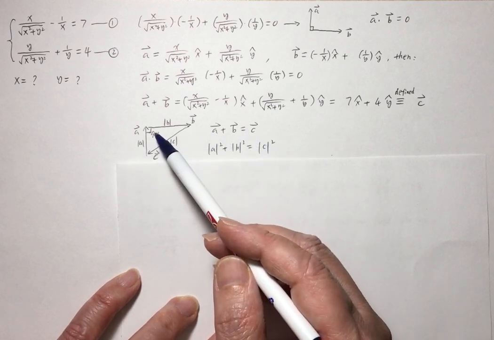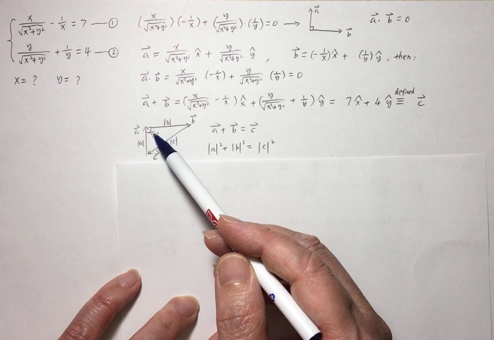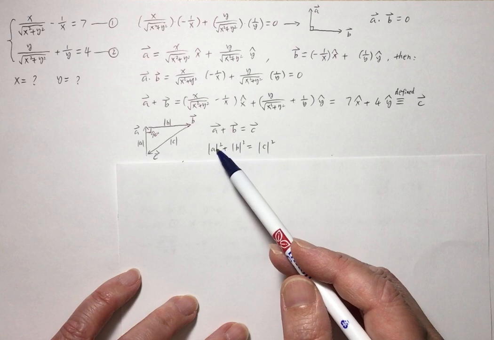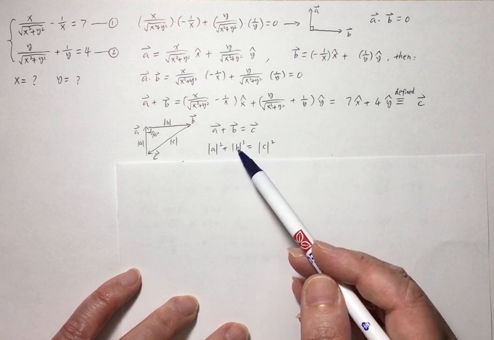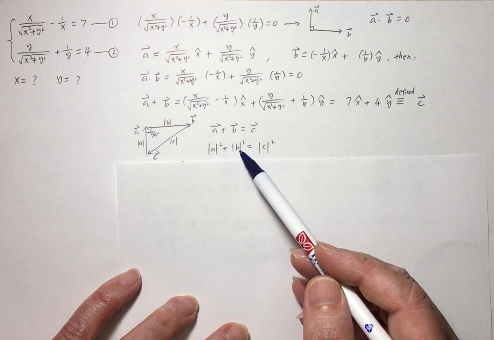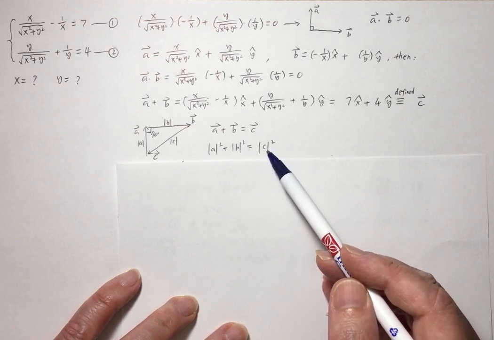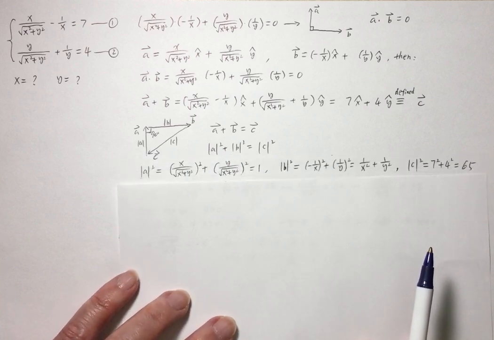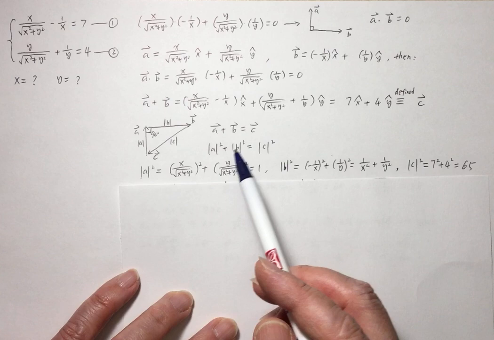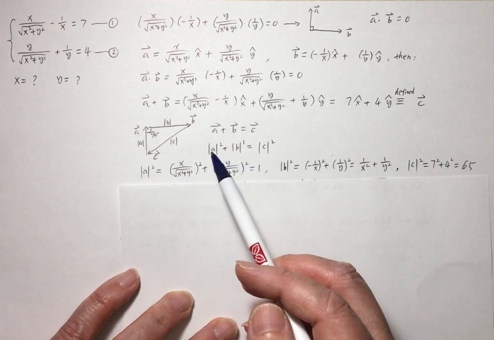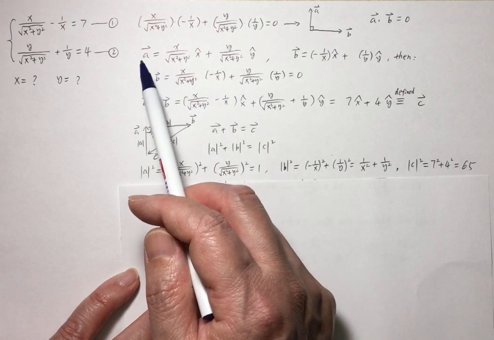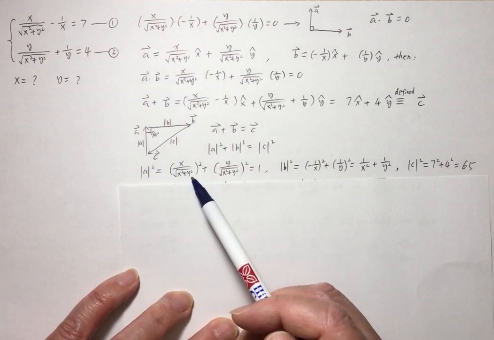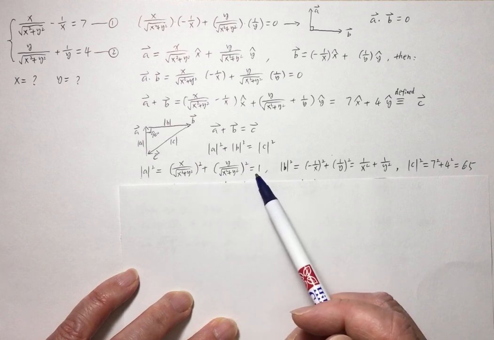For this triangle, because we have a 90-degree angle here, we know that the absolute value of A squared plus the absolute value of B squared equals the absolute value of C squared. Now we plug the values into this equation. We know that vector A is here, so A squared is this. It's equal to 1.